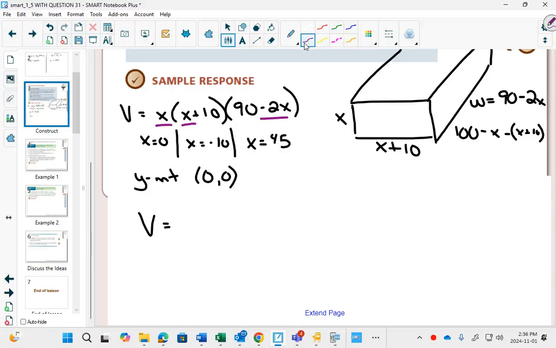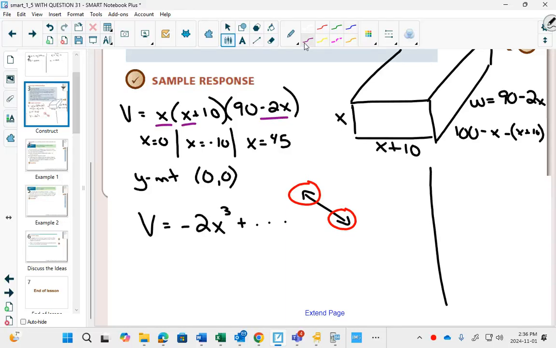If you multiplied those together, you would get a negative 2x cubed, and so on. Because of that leading coefficient being negative and the fact that it's an odd degree, you know your end behavior will act like a line with a negative slope. So we know that's our end behavior. We've got all of our x-intercepts and our y-intercept, which means we have enough information to draw this graph.